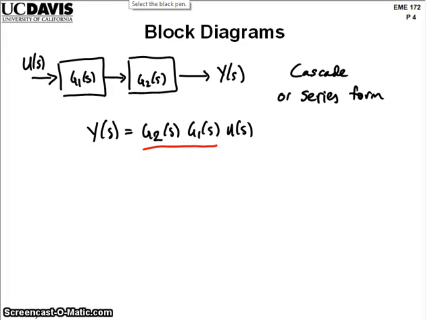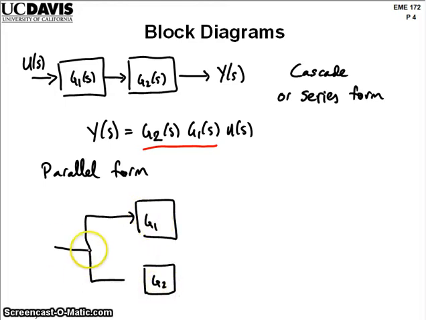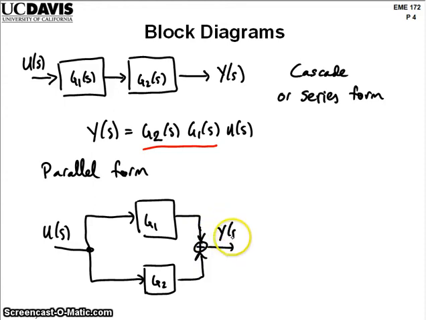We also might have parallel form. Okay, so g1 and g2 are in parallel. And we're taking their output and we're adding it together to produce y.